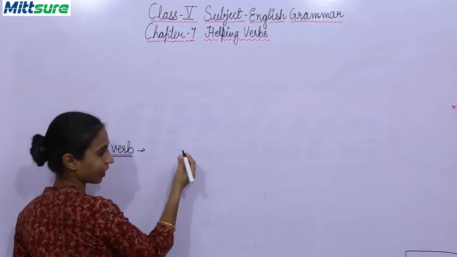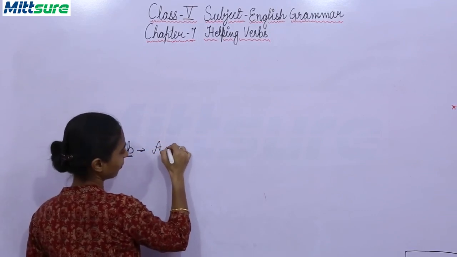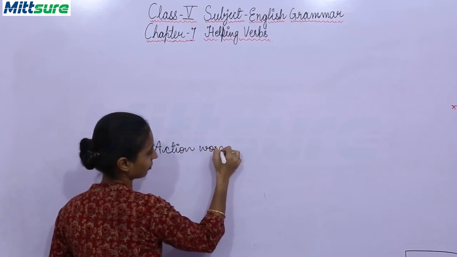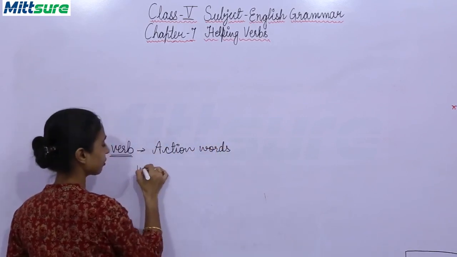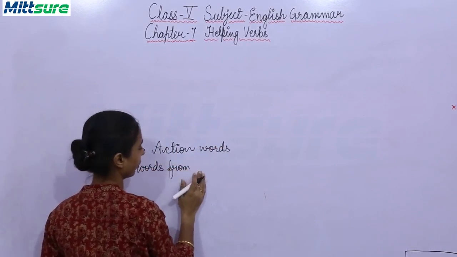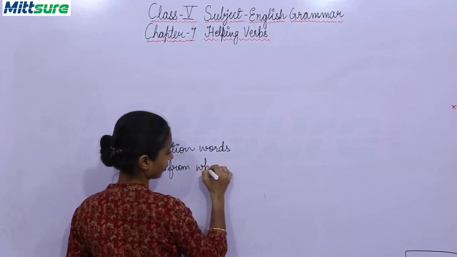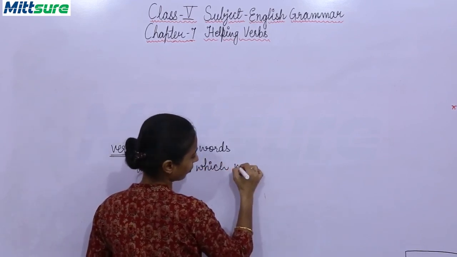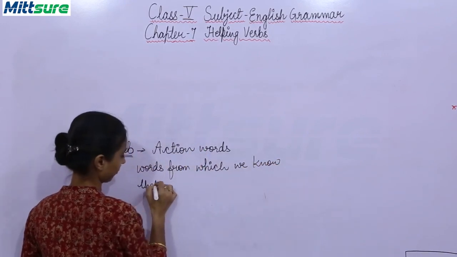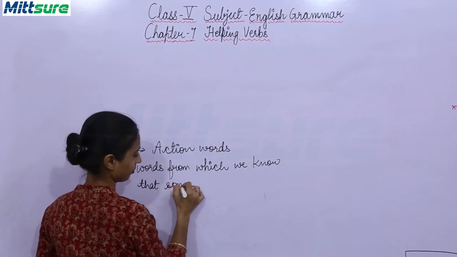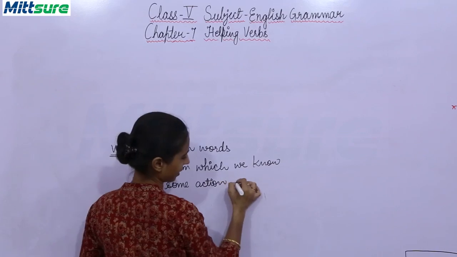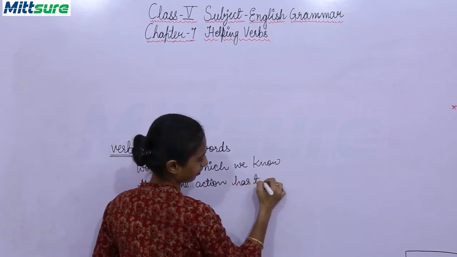Verbs are known as action words. Simply you can say that verbs are action words, or words from which we know that some action has taken place.